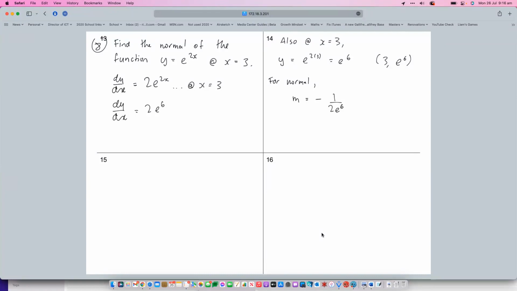So for a normal, it's m1 times m2 equals negative 1. So you take the first gradient, you flip it, and you make it negative. So what do we find there? The gradient of a tangent. It's exactly the same. So for a tangent, the gradient is equal. Yeah. So it would be 2e to the 6.